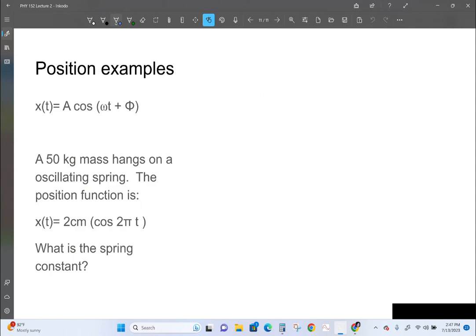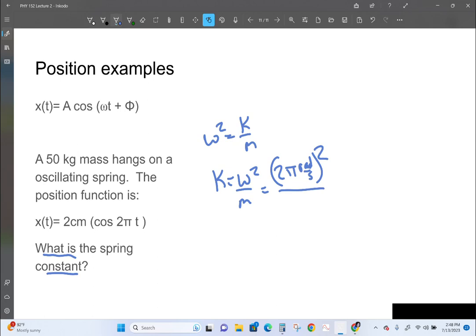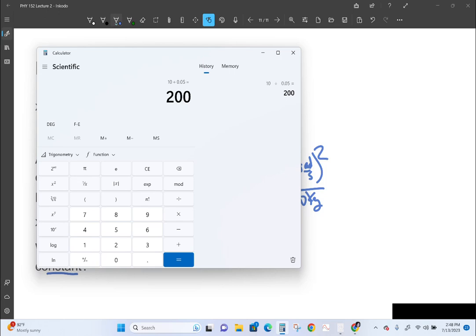So let's go back to this one. I want to know what the spring constant is. Well, the spring constant is related by omega squared equals k over m. k is going to be equal to omega squared all over m, which is going to be, omega is 2 pi radians per second, squared, divided by, and I have to make sure that's in kilograms, 50 kilograms. So now I need to do this.